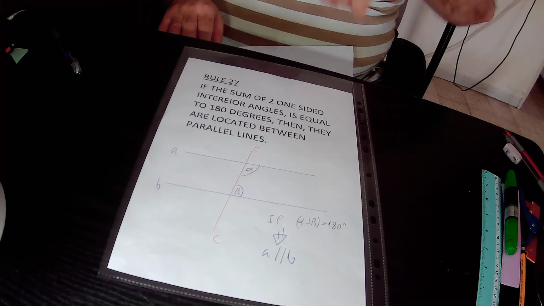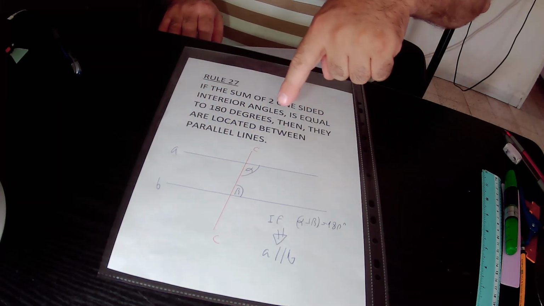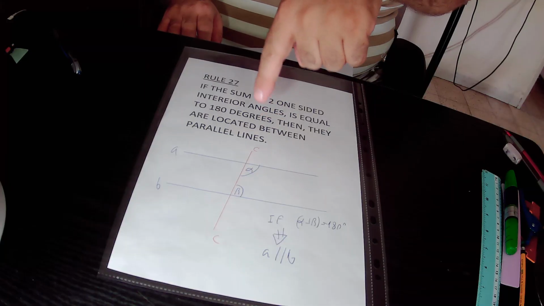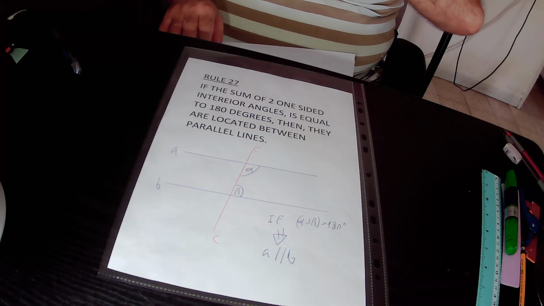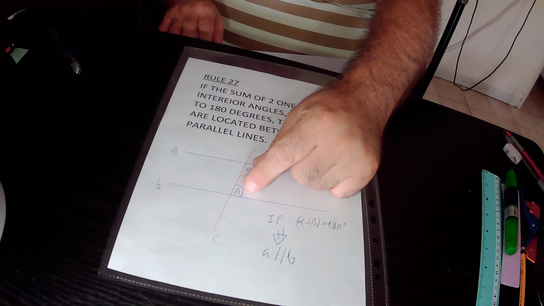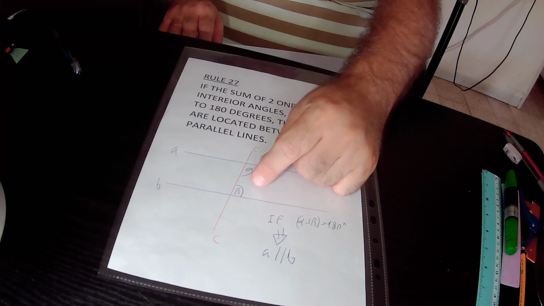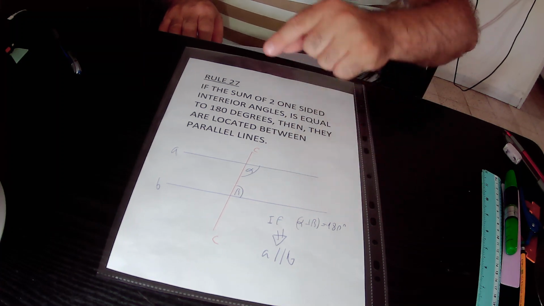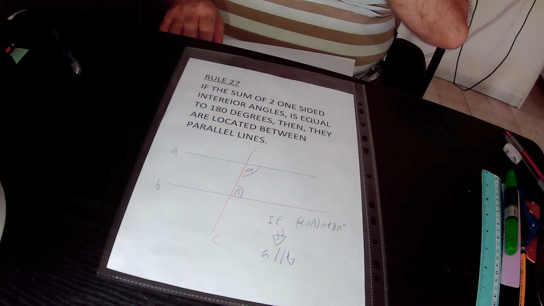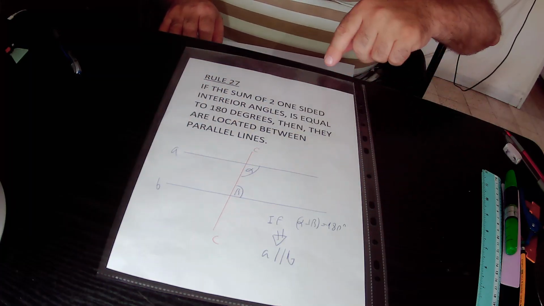In the drawing, we have line A, line B, and the red line C cuts the two lines A and B. Those are angles alpha and beta, defined as one-sided interior angles. The sum alpha plus beta is equal to 180 degrees, and therefore, according to rule 27, line A is parallel to line B.